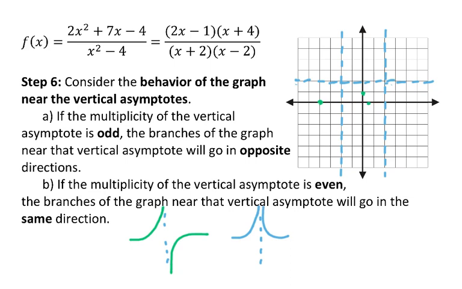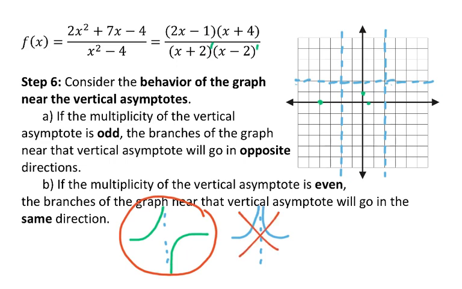Look at the exponents on the factors in the denominator that result in the vertical asymptotes. Notice that both of those exponents are 1, and 1 is odd. So that's going to tell me that as I construct the graph and as I approach either one of the vertical asymptotes, the branches will go in opposite directions, more like this, not like that.